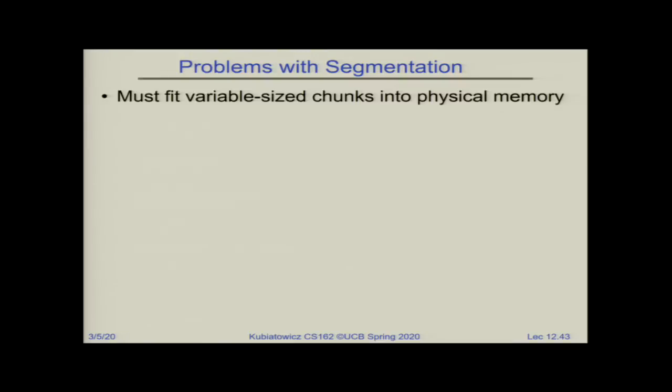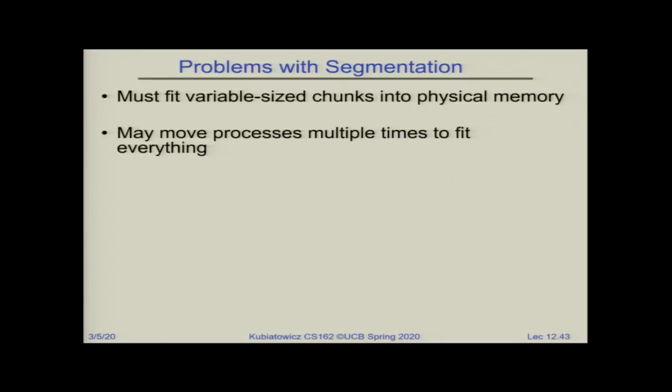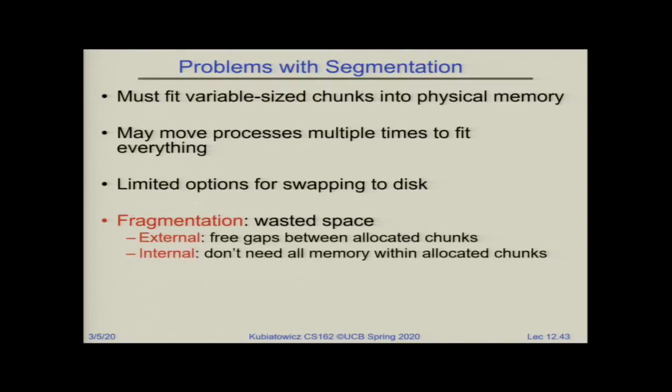So the major problems with segmentation here is you got to fit variable sized chunks in memory. The processes may need to be moved around because of fragmentation. There's limited options for swapping, and you got really bad fragmentation problems, in particular external fragmentation, which is where you have to fill the gaps between the chunks by moving. All right, so that's good for now. We'll pick this up next time.